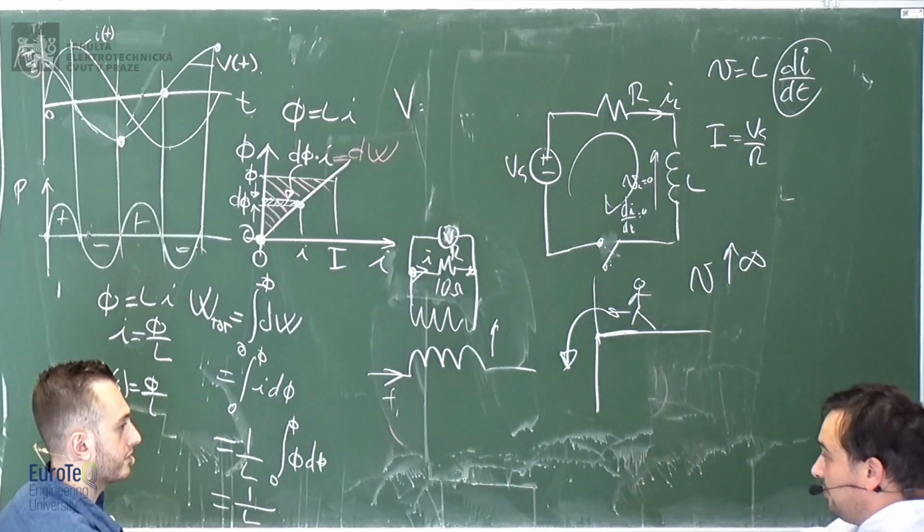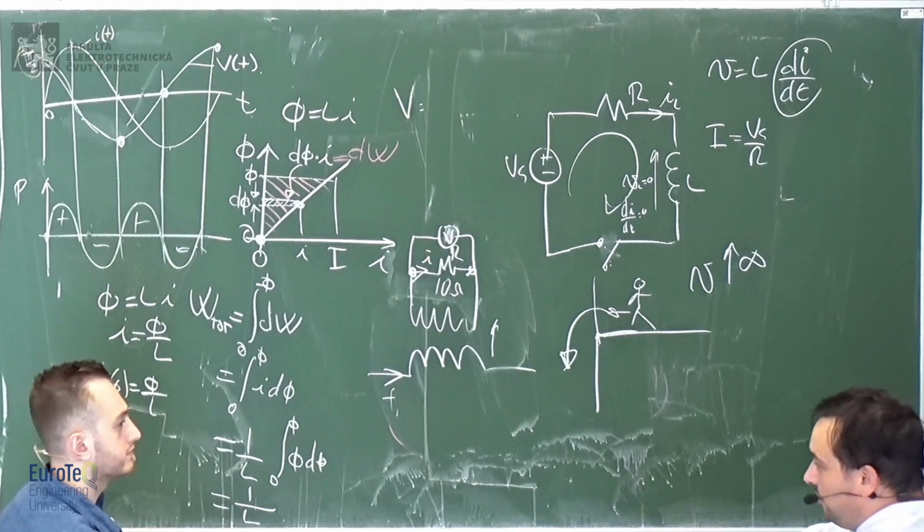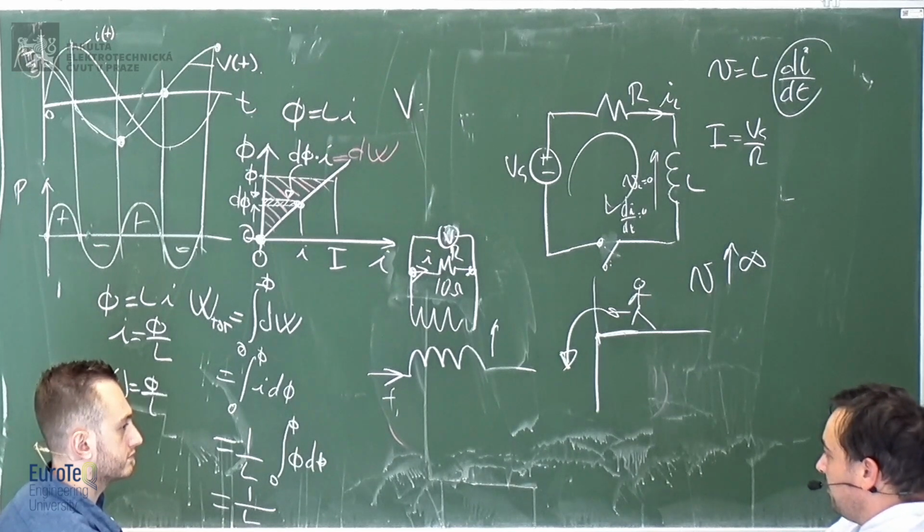So there is no direct contact between the two circuits, which, if you have a large current, is always a big plus.